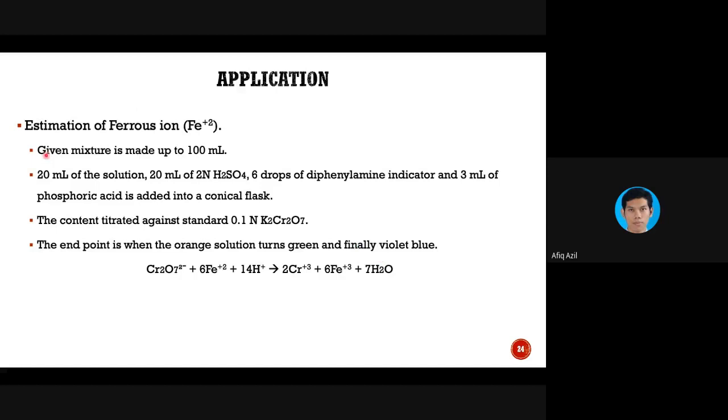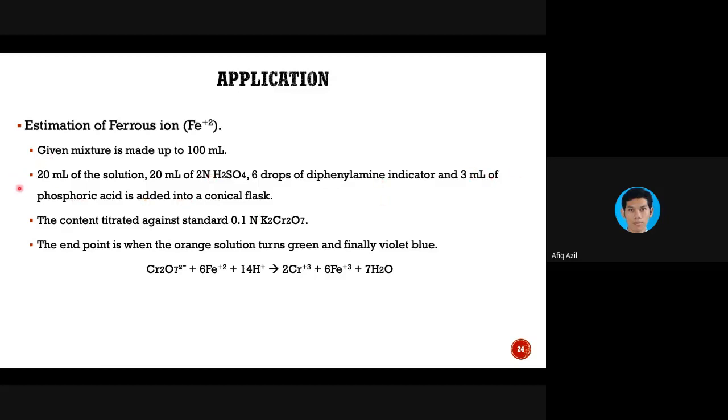So an application of dichromate is when you want to determine the concentration of iron 2 plus, or ferrous ion. This is done by using diphenylamine as indicator, and the solution requires you to acidify it with sulfuric acid, and also add 3 ml of phosphoric acid.